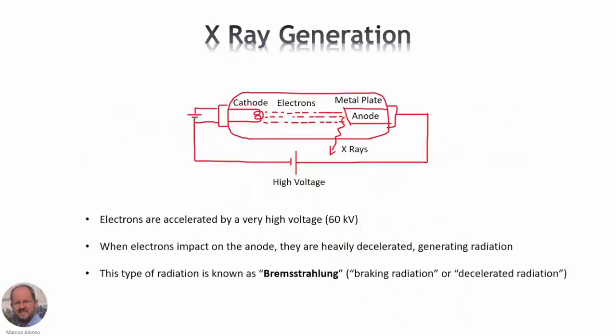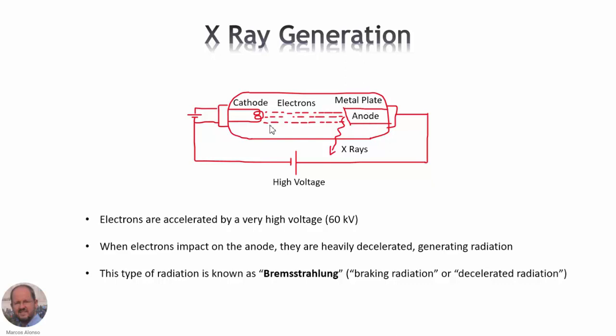Another well-known process of generating electromagnetic radiation is the generation of X-rays. In this case, as we know, we use a cathode that emits electrons. These electrons are accelerated by the high voltage applied between the two terminals of the X-ray tube. At the other terminal of the tube, we have the anode, which is a metal plate.